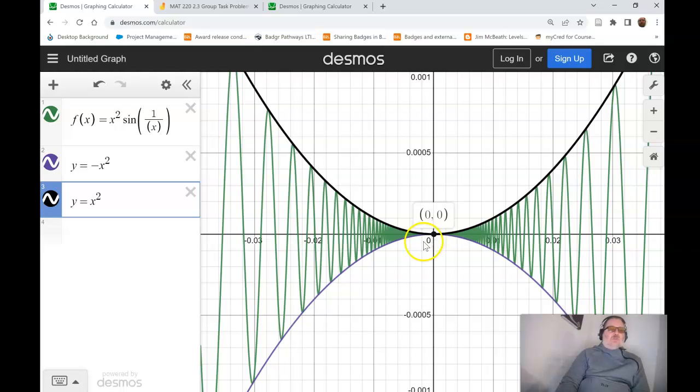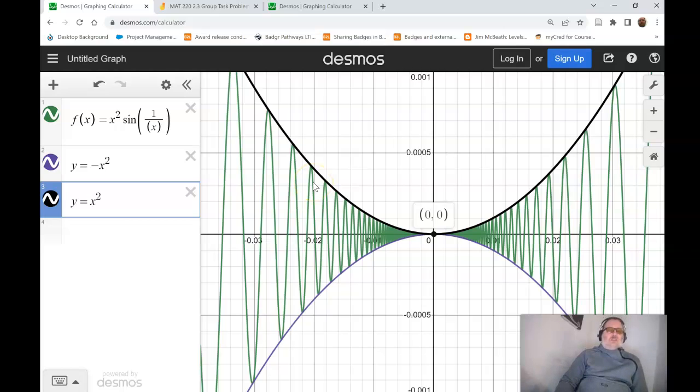And so because both of these functions squeezing the function touch at 0, 0, and we know the middle function, x squared sine 1 over x, is always between x squared and minus x squared, we know that even though we cannot say it's defined at 0, 0 because of the 1 over x, its limit as x approaches 0 is 0.